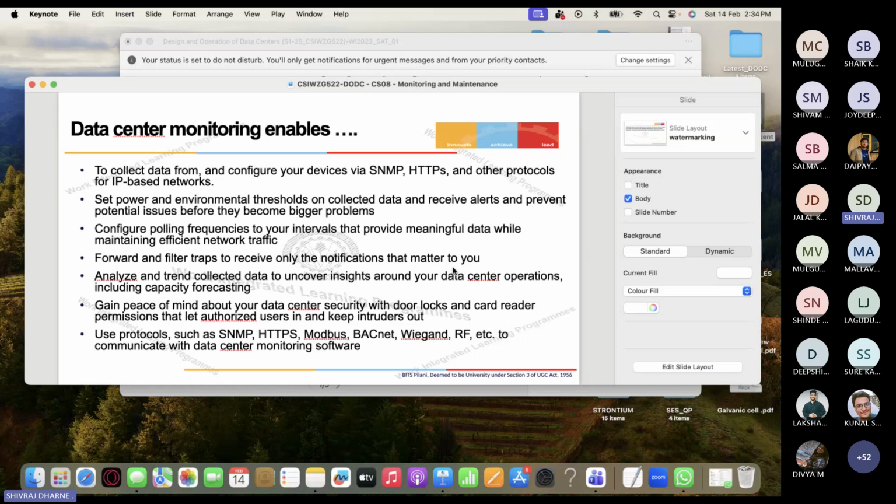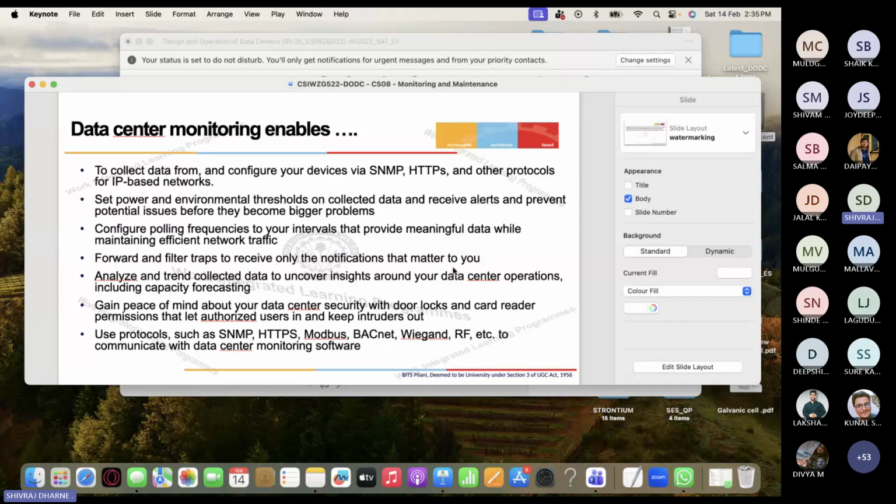This is basically the Simple Network Management Protocol. Okay, network management protocol. It is a standard protocol used to monitor and manage network devices. Which are the network devices? Switches, routers, servers, UPS systems, and all other things.